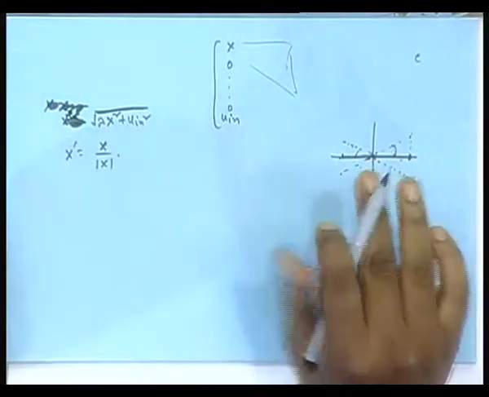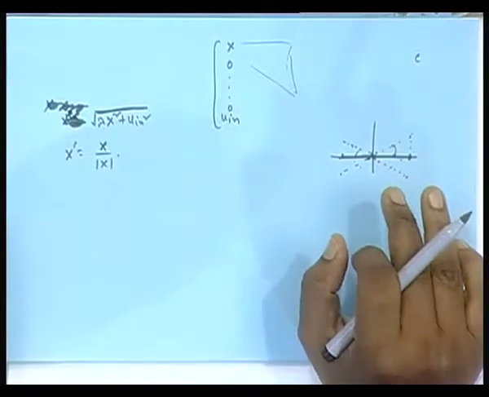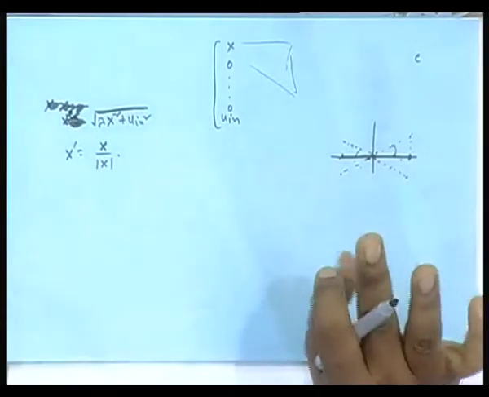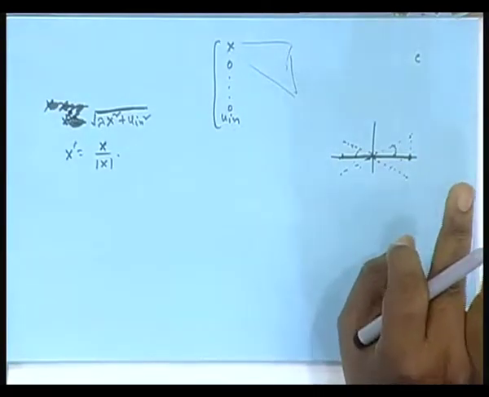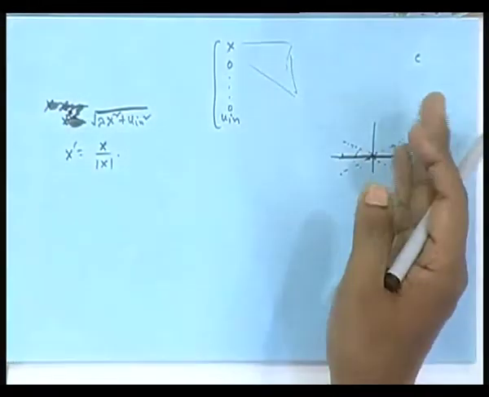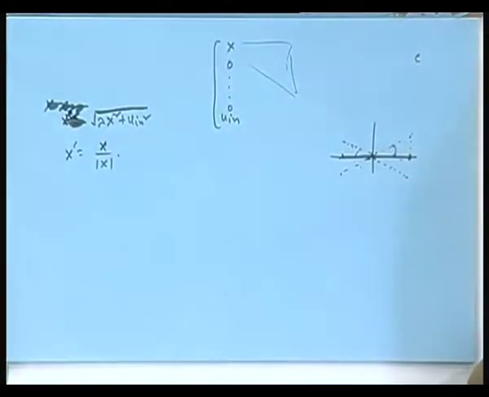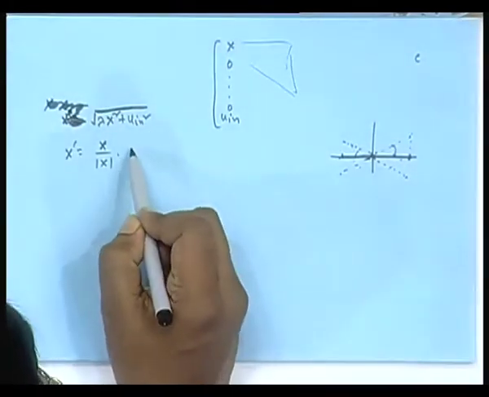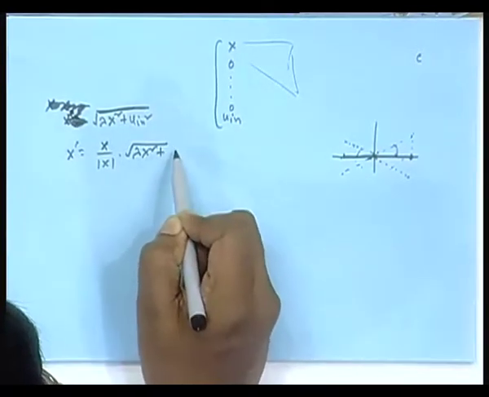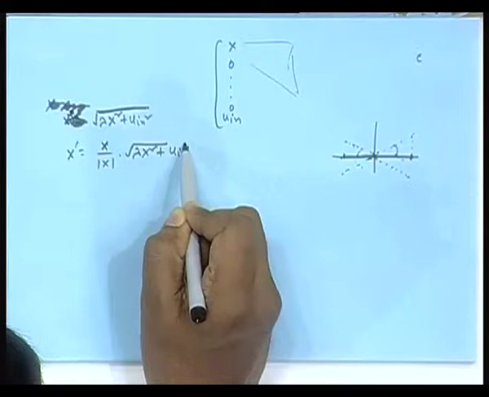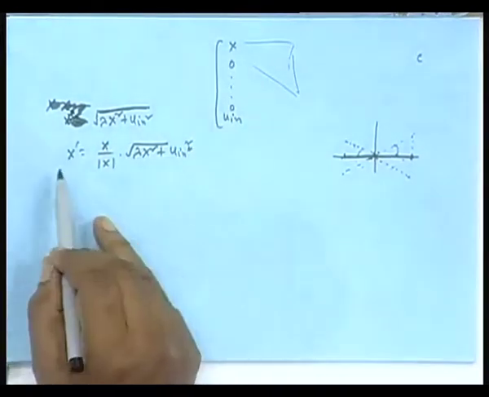So, computation becomes simple, otherwise you have to consider a 180 plus theta or 180 minus theta, and all those things will come up. That is the thing. You are very smart guys, you will understand more than what you understand here. So, what was earlier x, that will be replaced by this.